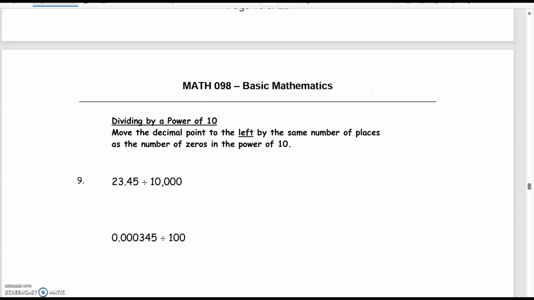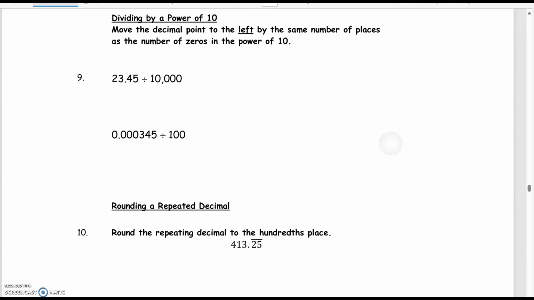Now here again, we'll review the idea of division by a power of 10. If you remember, for multiplication by a power of 10, you shift the decimal point to the right by one place, just by a 10.